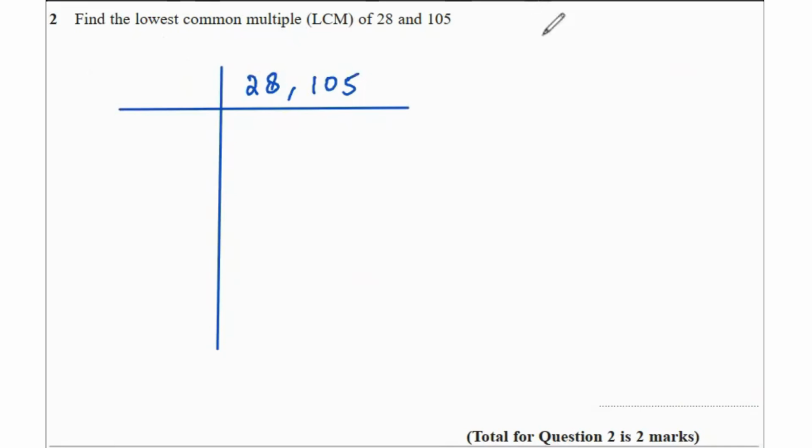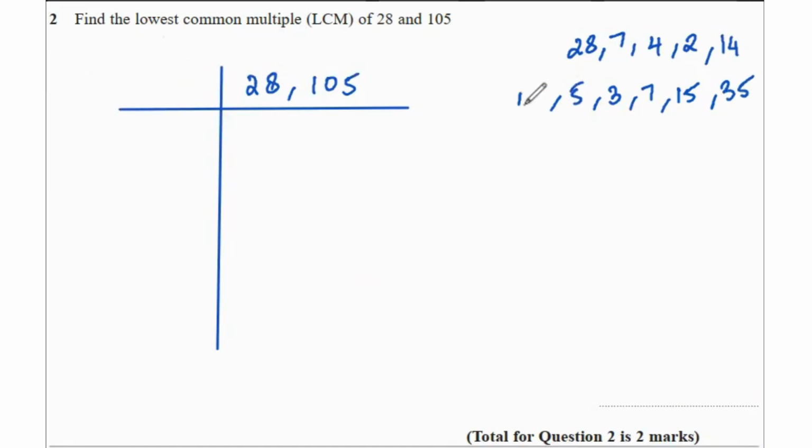We know 28 comes in the 7 times table, the 4 times table, the 2 times table, and the 14 times table, along with the 28 times table. 105 comes in the 5 times table, 3 times table, 7 times table, 15 times table, and the 35 times table, along with the 105 times table, obviously.